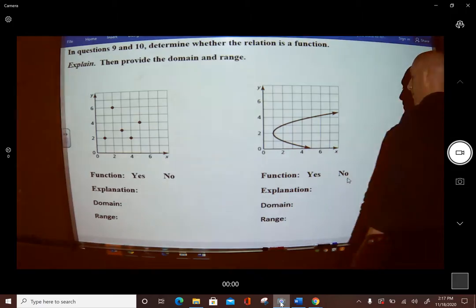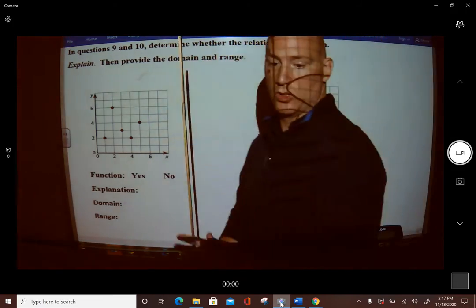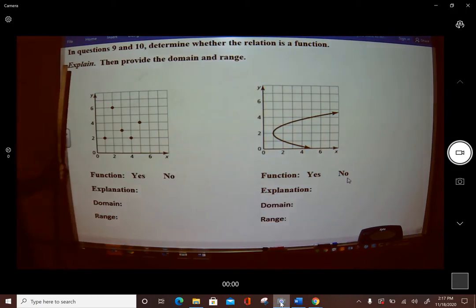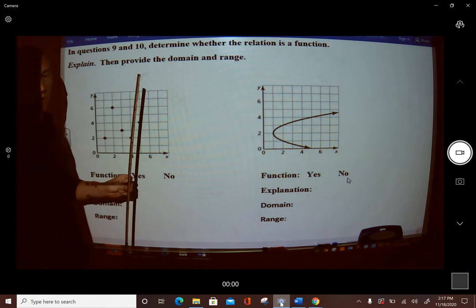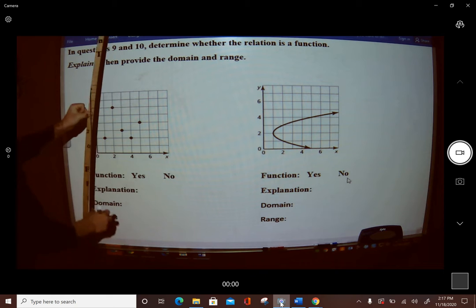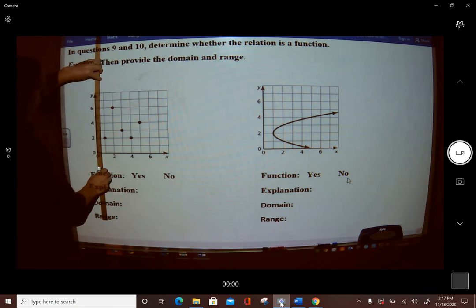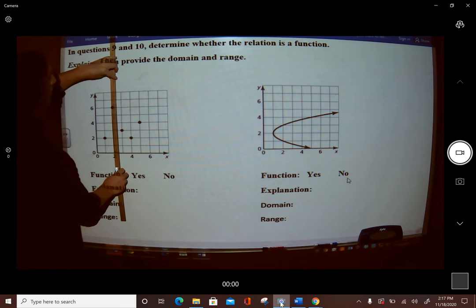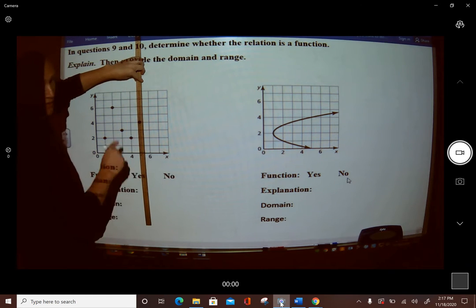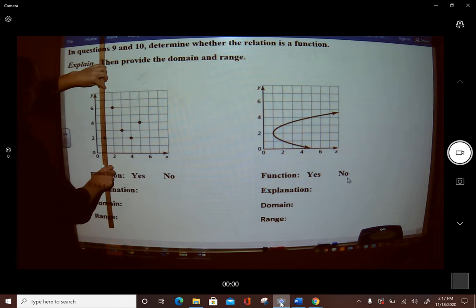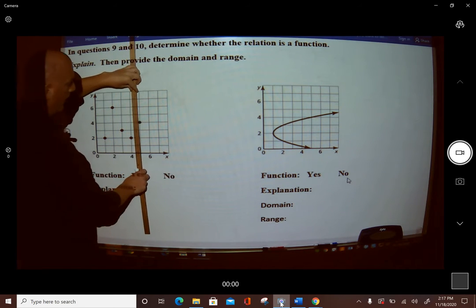The first one, we're given a graph. So to test this one, we still want to make sure every x has one y, but this one we use the vertical line test. So all you do, you can draw vertical lines. And as long as you never hit your points or your graph more than one at a time, you're fine. Fine, fine, fine, fine, fine.